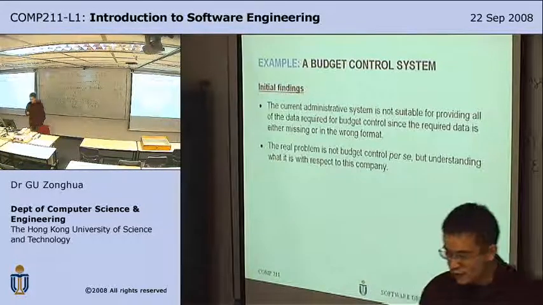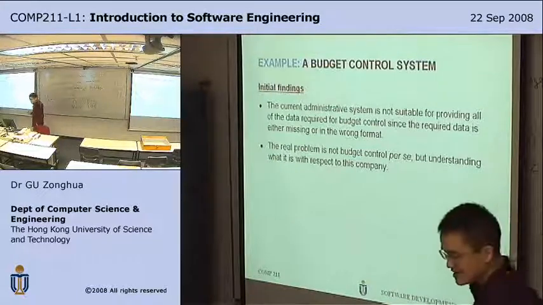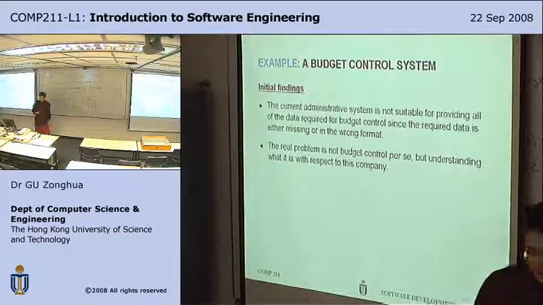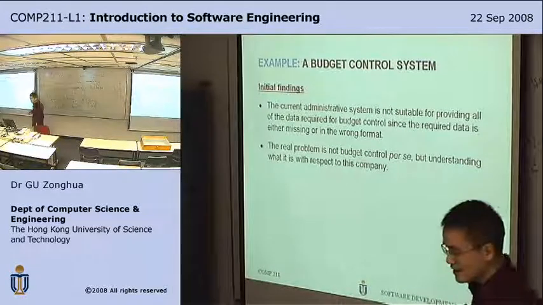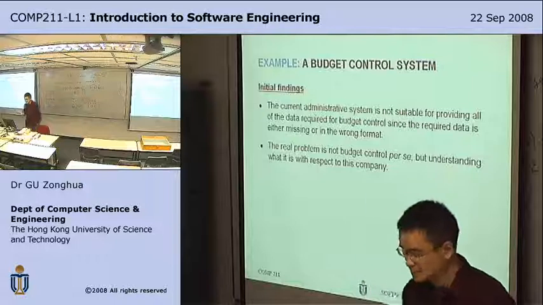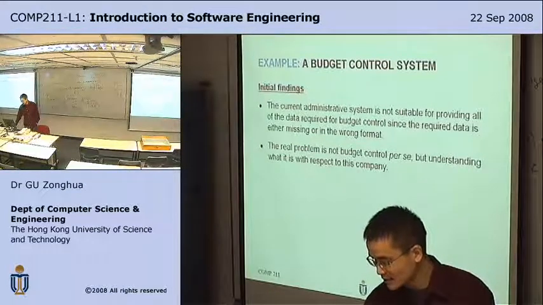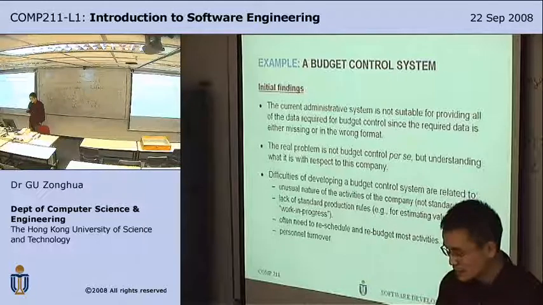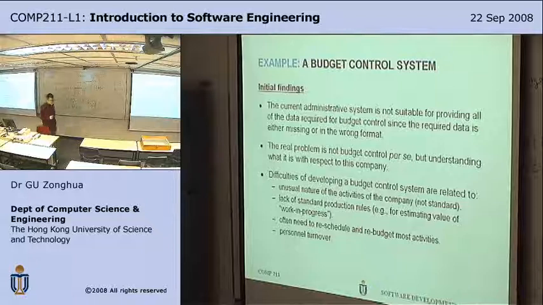The real problem is not budget control per se. It is understanding what it is with respect to this company. A budget control system for this particular software company may be very different from a budget control system for another company. So you need to understand the application domain to develop the system. The difficulties include the unusual nature of the activities of the company.